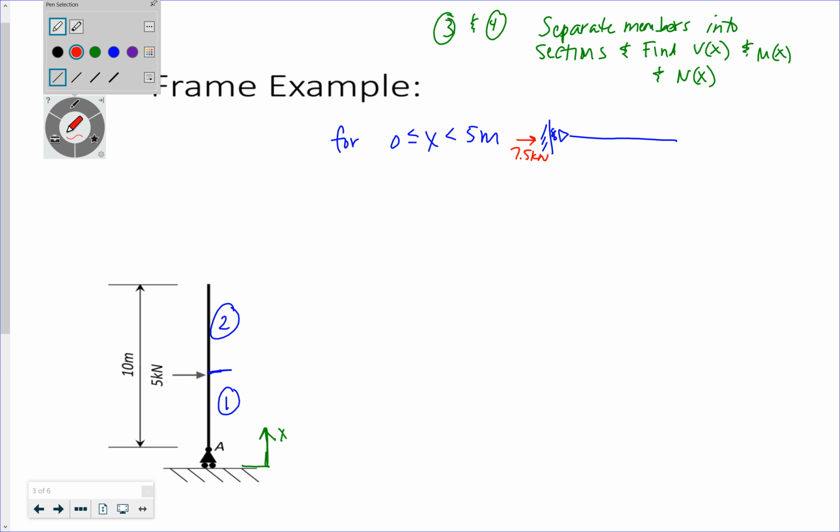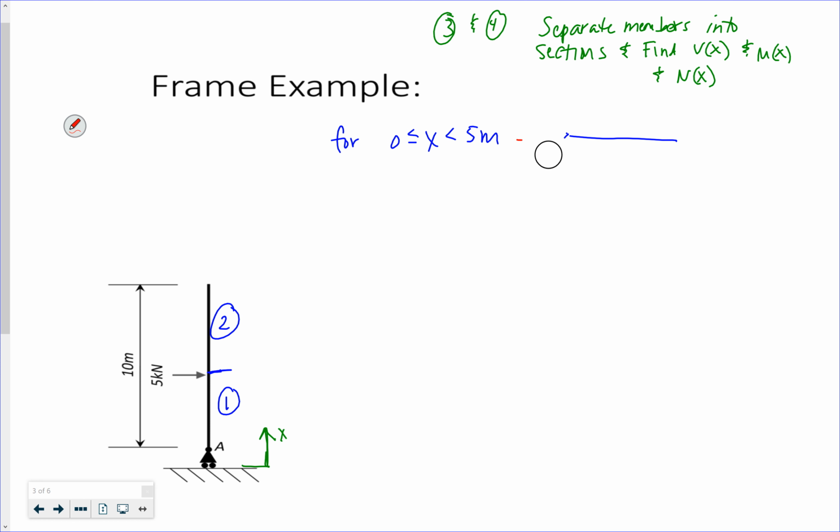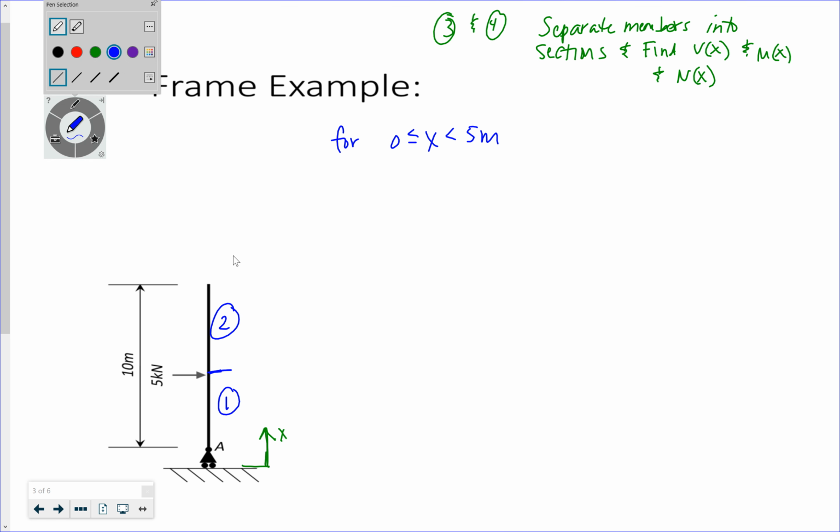I'm just drawing it horizontally because it's easier. I guess technically maybe I should draw it vertical. Fine, right?